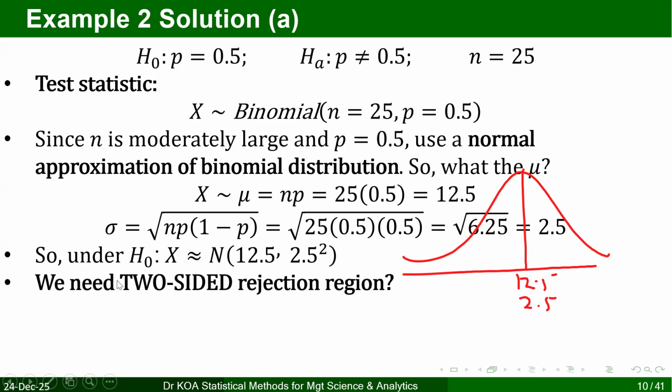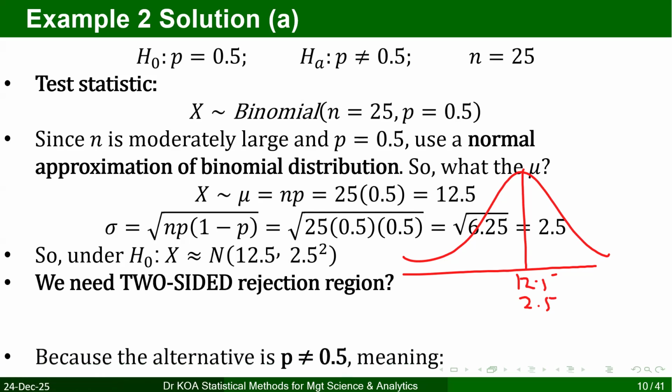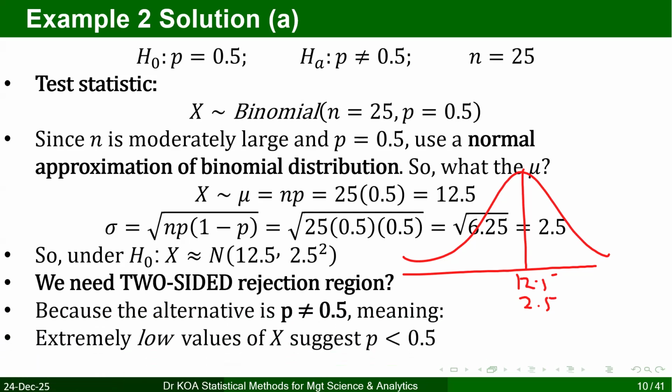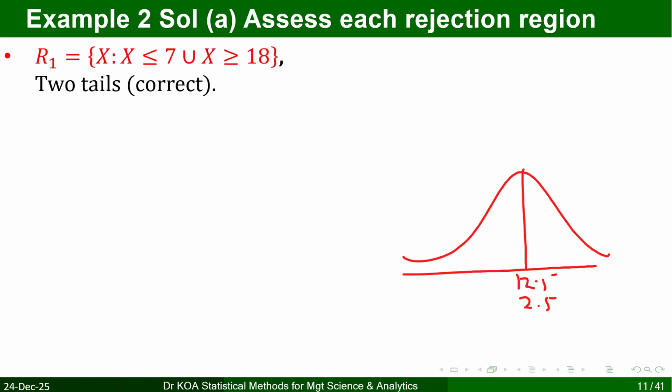Okay. We need to have that two-sided region. Emily spoke about it, we spoke about it. So we're able to detect that if you use these two directions, it's better, because it's looking for X is less than or equal to 7, union X is greater than 18.